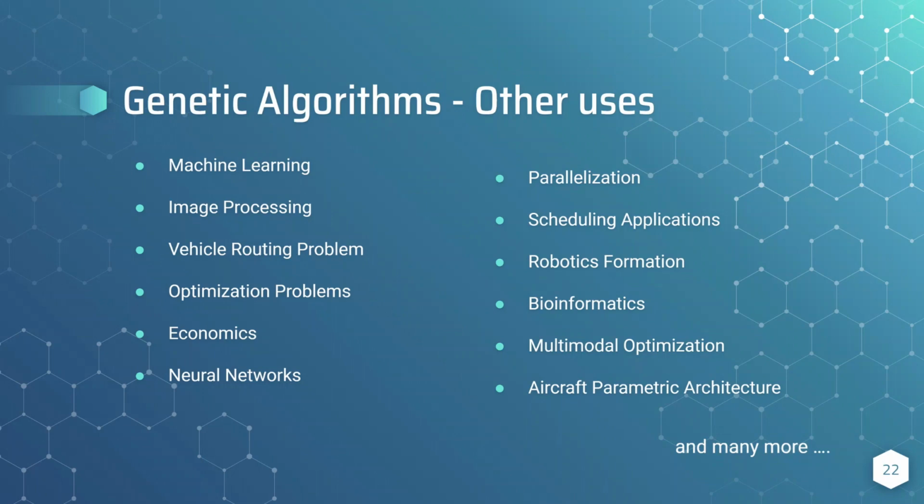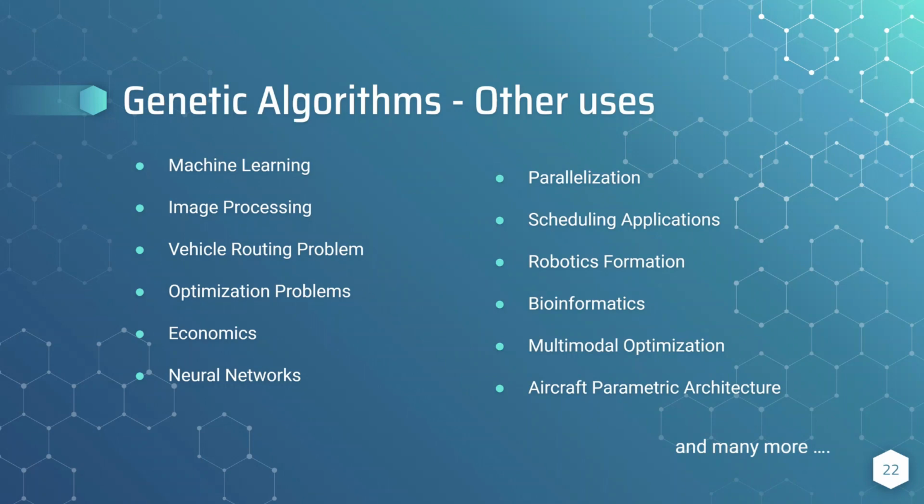Neural networks. Genetic algorithm is also used in neural networks to serve recursive neural networks. Genetic algorithm is used to produce high quality alternatives for computation and problem finding by using bio-inspired operations such as mutation. Parallelization.